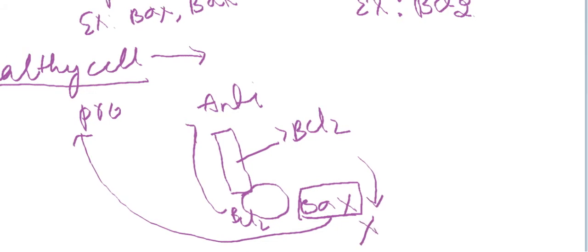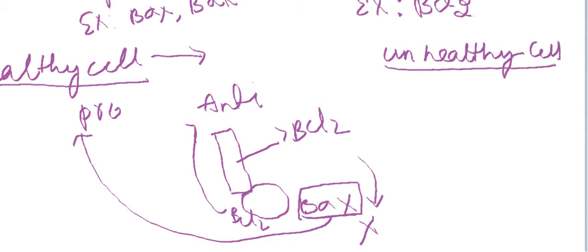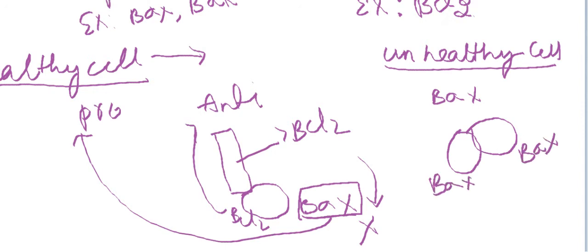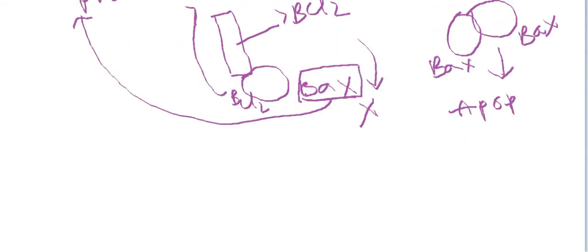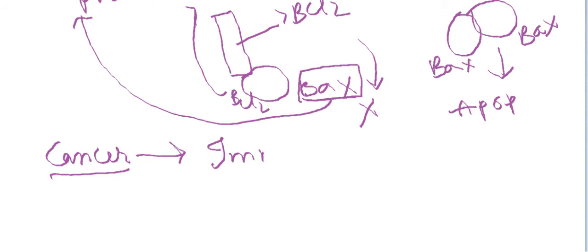And what happens in an unhealthy or stressed cell? In an unhealthy cell, there is overexpression of PAX protein. So PAX protein forms homodimers. This is one PAX protein and this is another PAX protein. They form homodimers and this will promote apoptosis. Now one interesting concept is what happens in the case of a cancerous cell, because as we all studied from high school, cancer cells are called immortal cells, right?